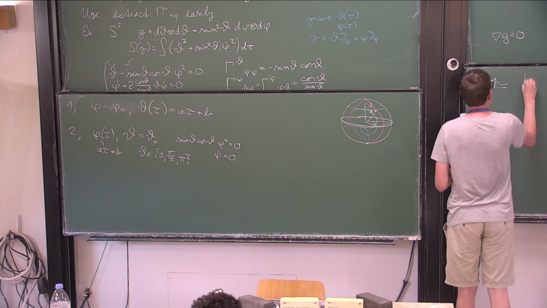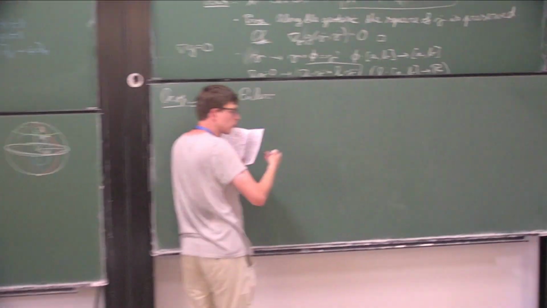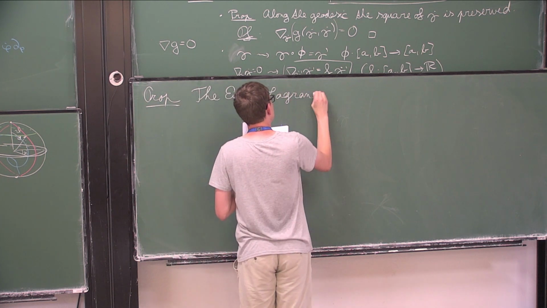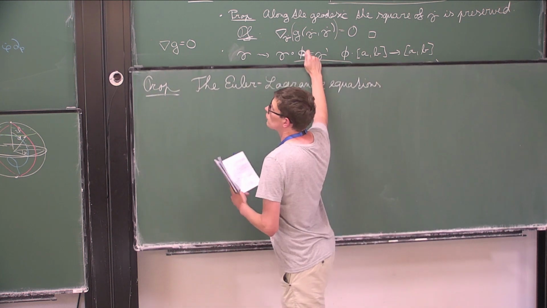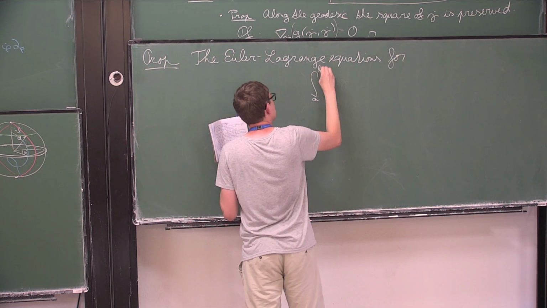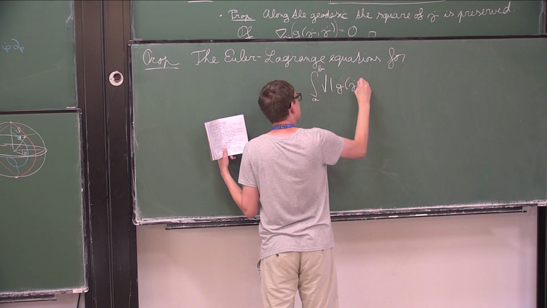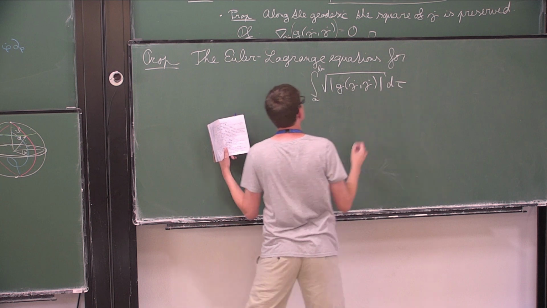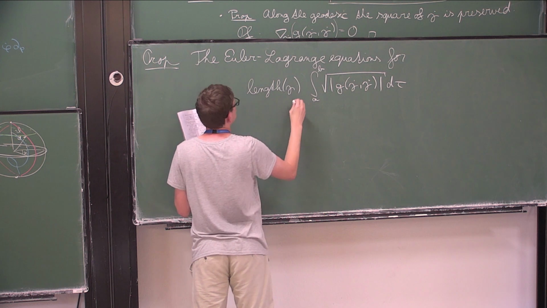So the Euler-Lagrange equations, which is just a fancy way of saying the conditions for the extrema, for the same function now, but with a square root, integral from a to b square root of, and let's put the absolute value there, d tau, which you might recognize as simply the length of the curve, calculated with respect to this.